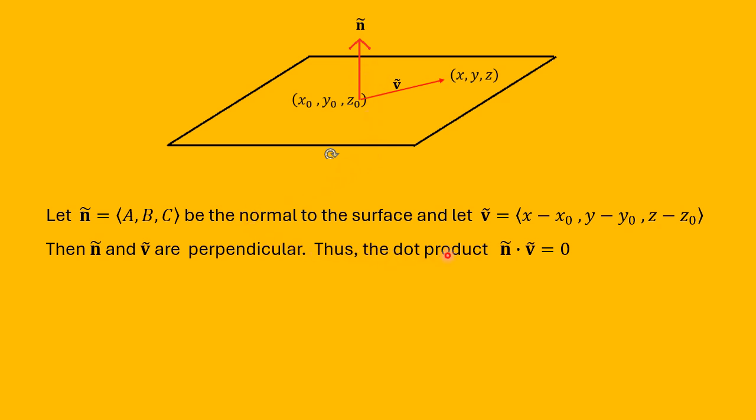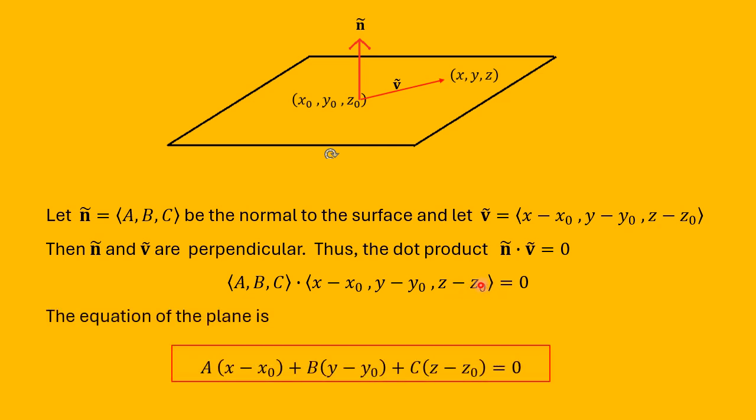That means that the dot product of those two vectors has to be 0. Well, n dot v equals 0 we can write as the vector with components a, b, and c dotted with this vector v has to equal 0. Now let's remember how we take a dot product. It's going to be this scalar a times the first component of this vector, plus the second component times the second component of this vector, plus the third component of n times the third component of v equals 0.